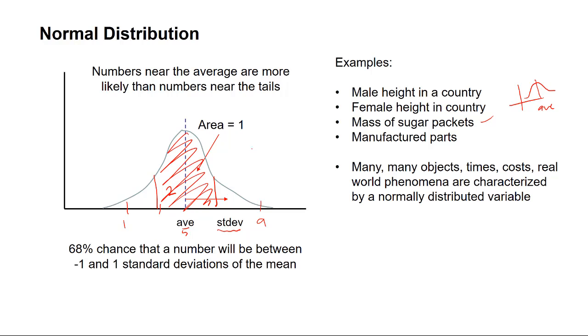So if I had a standard deviation, which I represent as sigma, equal to 2, that would mean 68% of all possibilities described by this distribution would lie between 3 and 7. And then it's unlikely to get something in the tails.